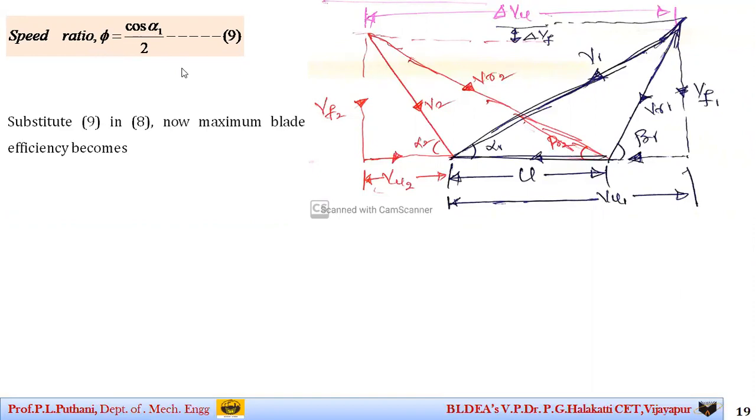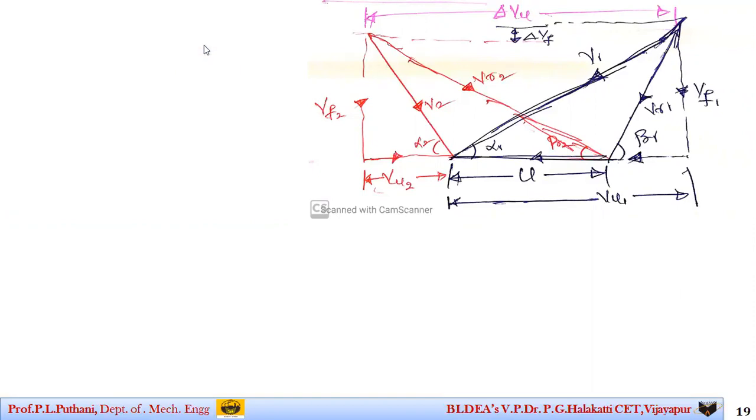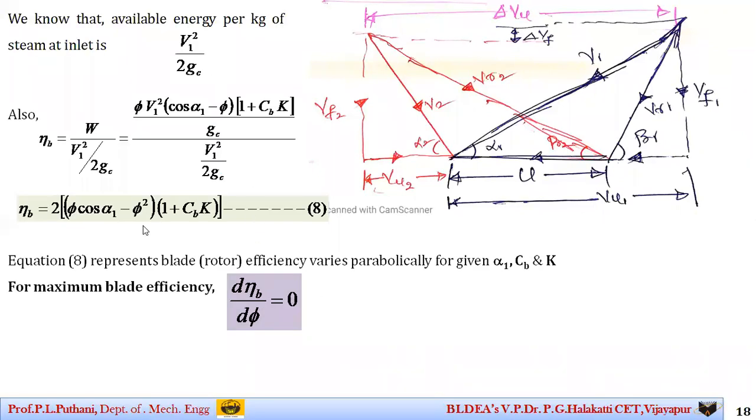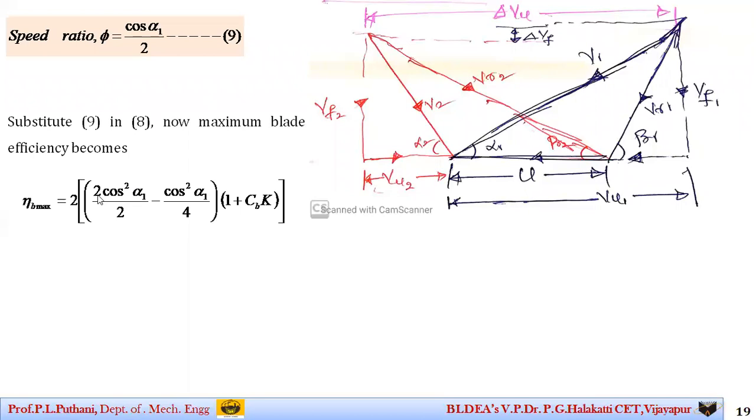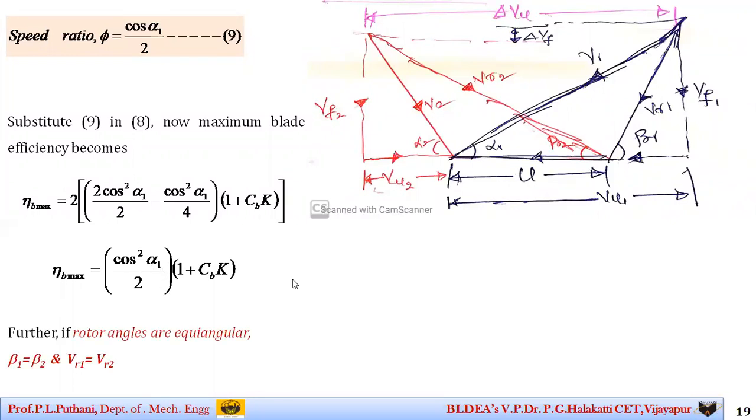So I substitute phi is equal to cos alpha 1 by 2 in equation number 8. On simplification, I get the blade efficiency as cos square alpha 1 by 2 into 1 plus CBK.